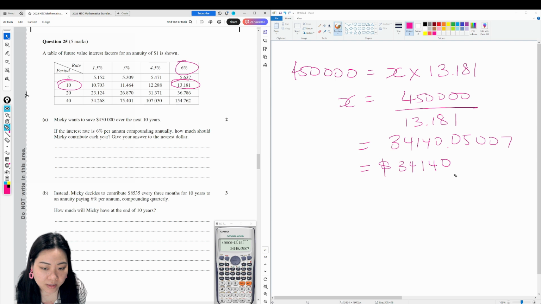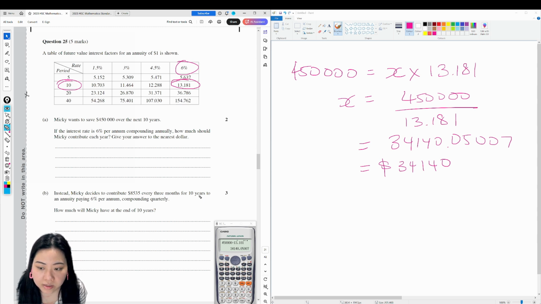B. Instead, Mickey decides to contribute $8,535 every 3 months for 10 years at 6% per annum, compounding quarterly. How much will Mickey have at the end of the 10 years? With 3 marks. Okay, I'm going to change color because this is going to get confusing.